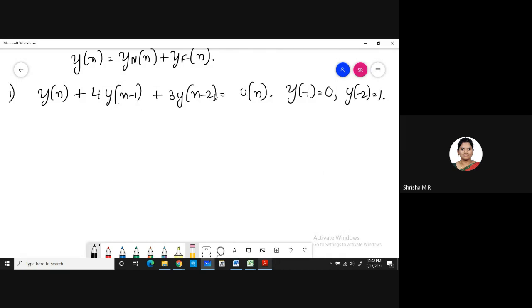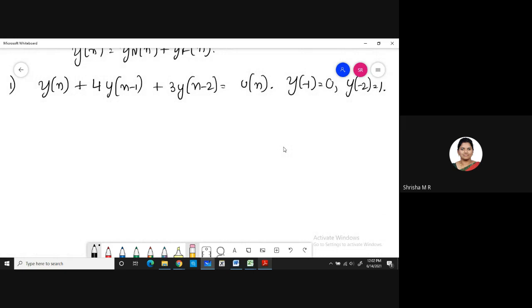So the characteristic equation is 1 plus 4 z inverse plus 3 z to the power minus 2 is equal to 0. Multiply this equation by z square, so you have z square plus 4z plus 3 is equal to 0.